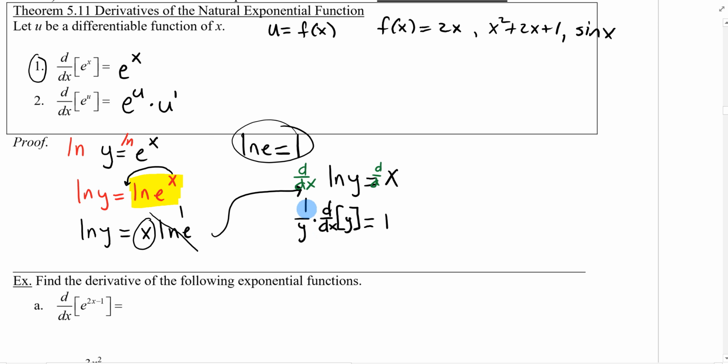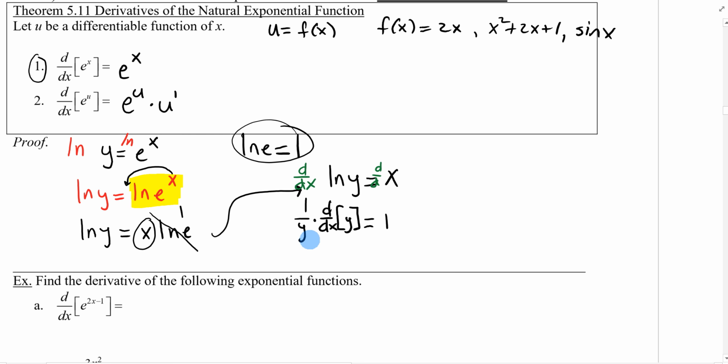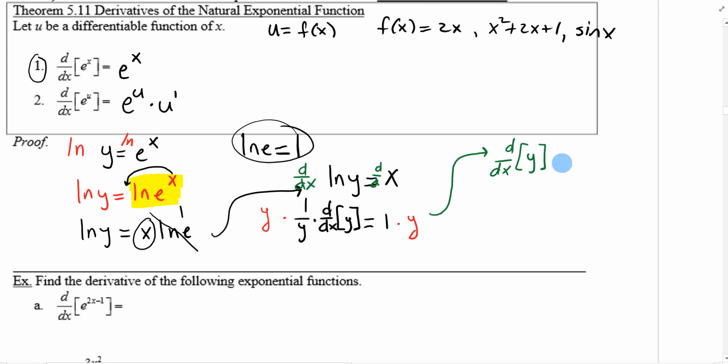So notice that I have 1 over y times the derivative equals 1. I'm going to remove this y by multiplying y to both sides. So I'm almost done with the mini proof here. I have the derivative of y is equal to y.